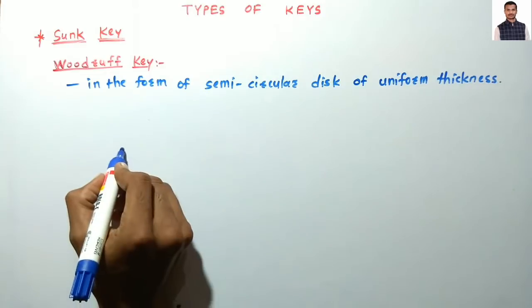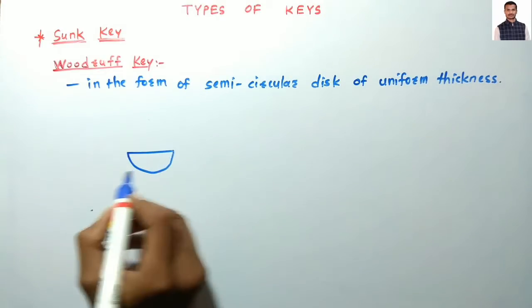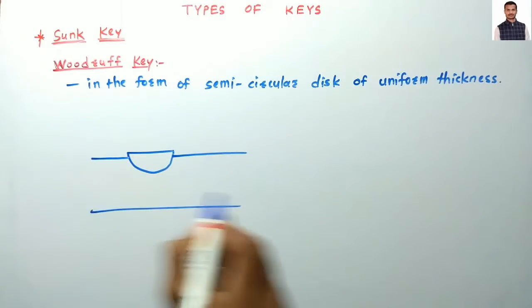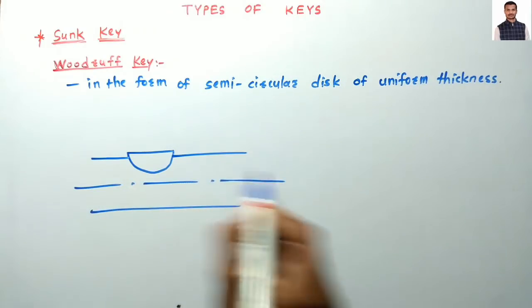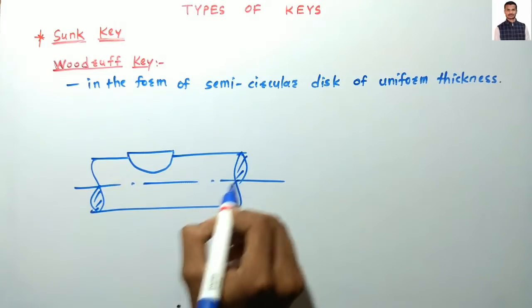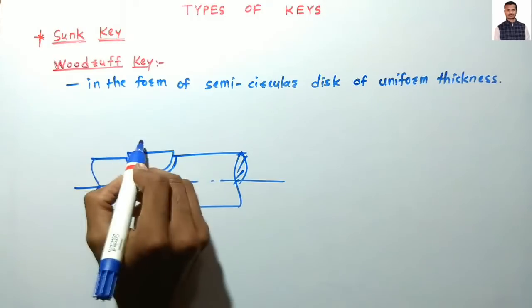Now how the woodruff key looks like, let us see. So this is the woodruff key, and this is the shaft. This is the axis of the shaft. And this is the woodruff key and this is the keyway.